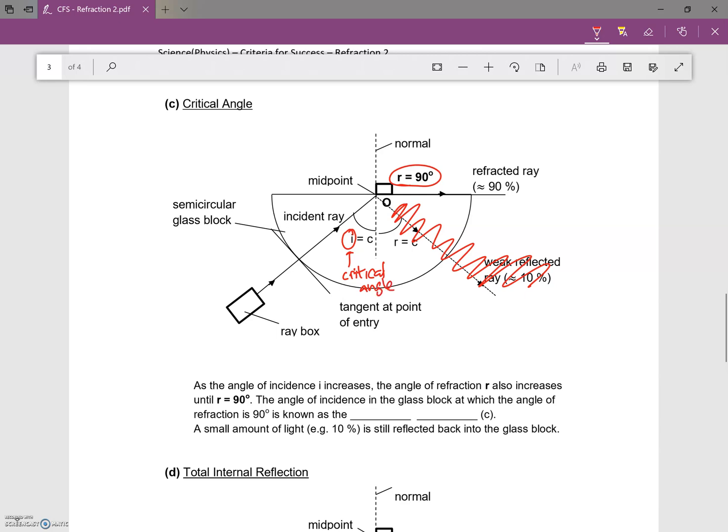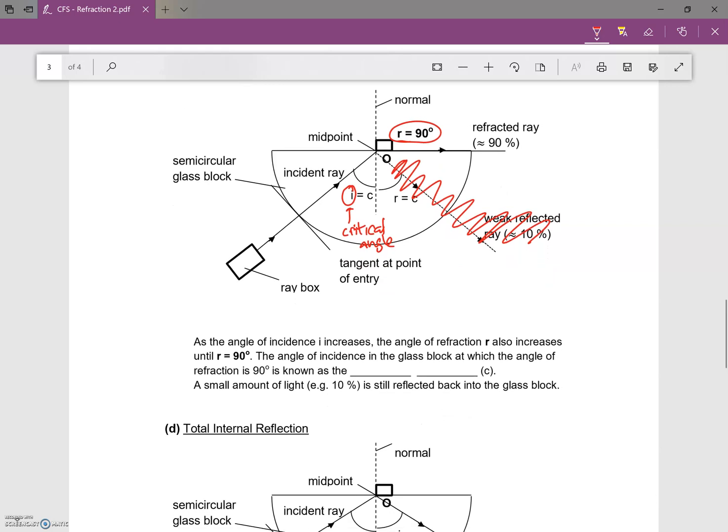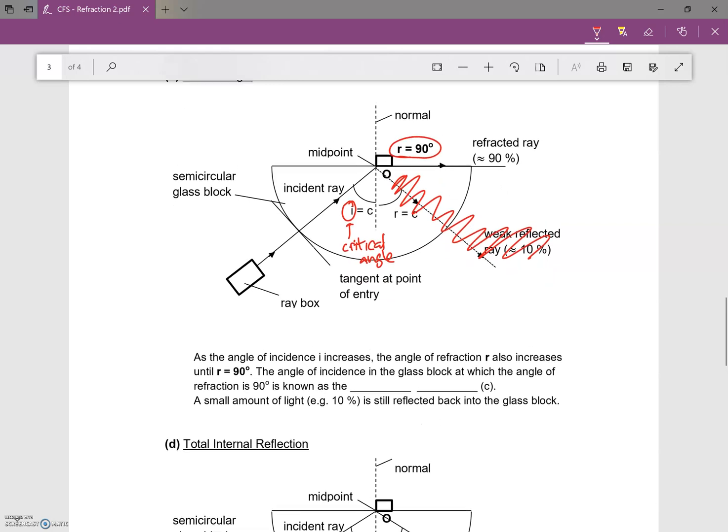So the critical angle is a very specific angle of incidence for each medium. Okay, because it produces this phenomenon where the angle of refraction is 90 degrees. So let's look at the wording over here. As the angle of incidence I increases, the angle of refraction R also increases until a point where R equals 90 degrees.